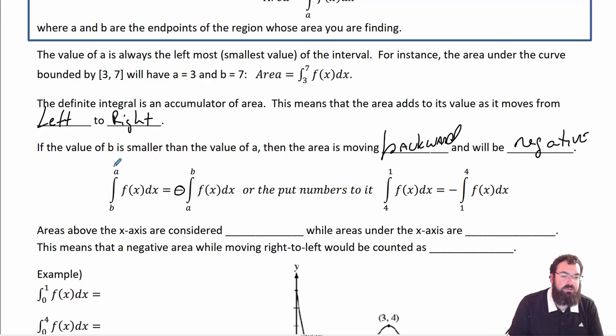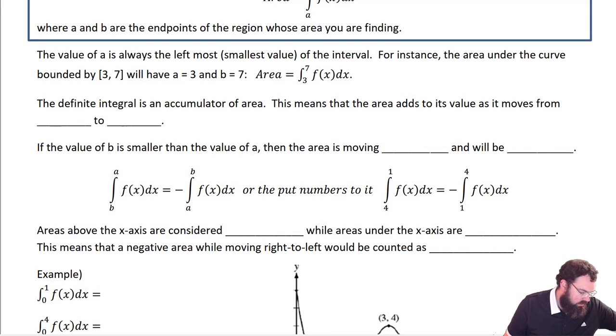These are called bounds, the leftmost bound and uppermost bound, or bottommost bound, stuff like that. For instance, if I'm going from 4 to 1 of f of x dx, in order to change this, I have to take a negative out front, and then it's now from 1 to 4. Hopefully you remember that from last year.